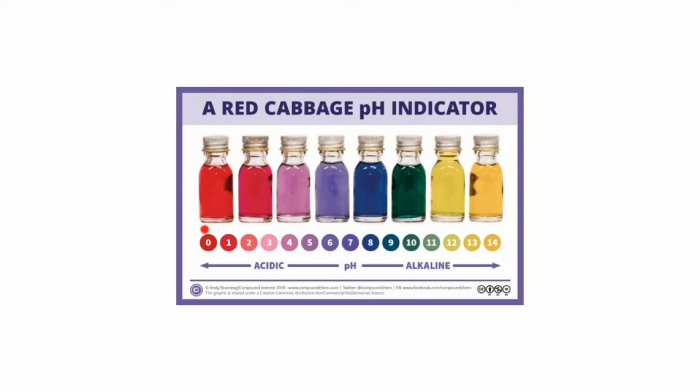So it's like a pinkish red, more of a red, purplish red, purple, purplish blue, blue, green, lime greenish, and then kind of yellowish. So this is the way it goes for the indicator for the cabbage juice, right? Most acidic is on this end, most basic is on this end, weak acidic, weak alkaline, which alkaline and base mean the same thing, and then the neutral pH.